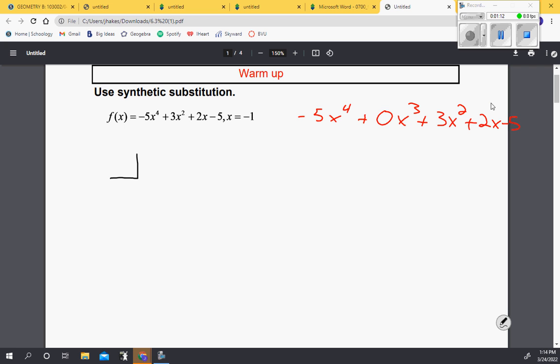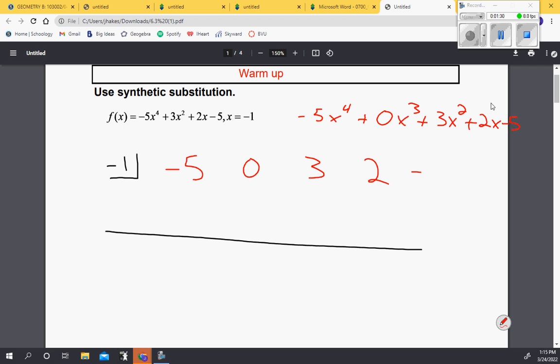Using synthetic substitution, we are going to plug in negative 1 into this backwards L. Okay? And then we're going to write all the coefficients up top. Negative 5, 0, 3, 2, and negative 5.